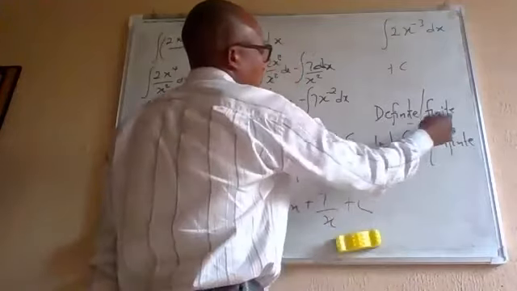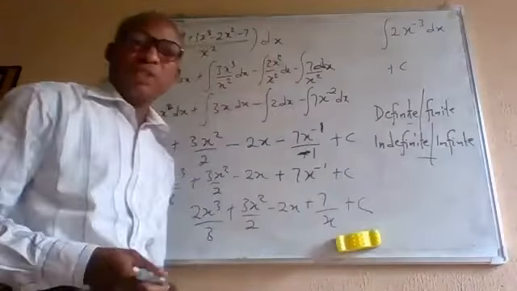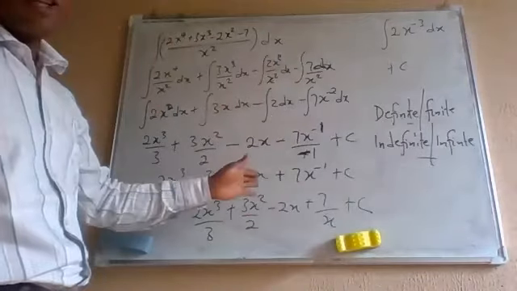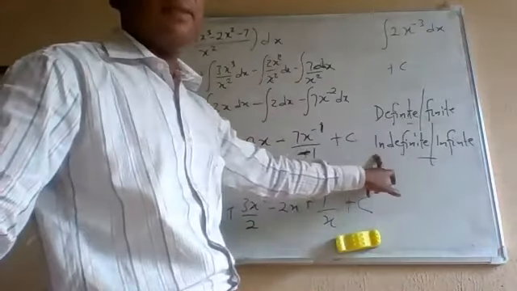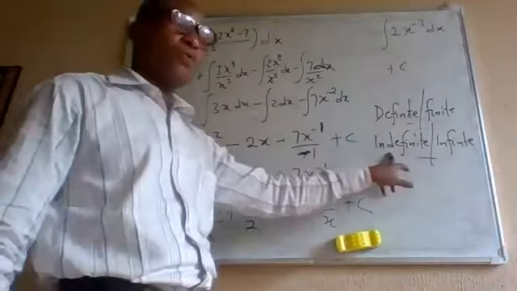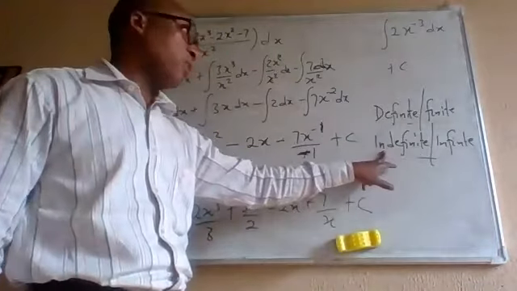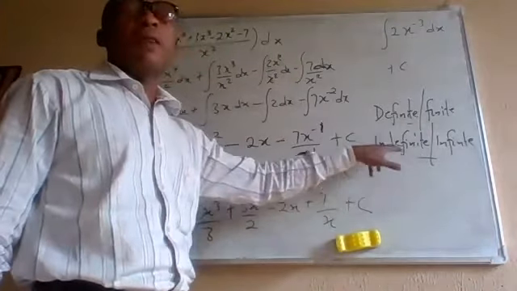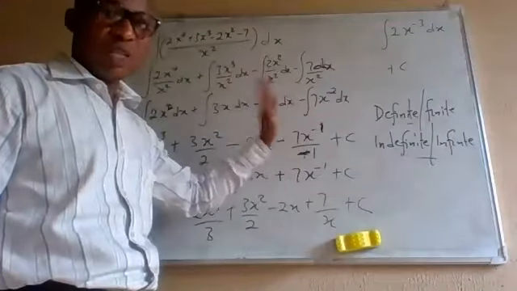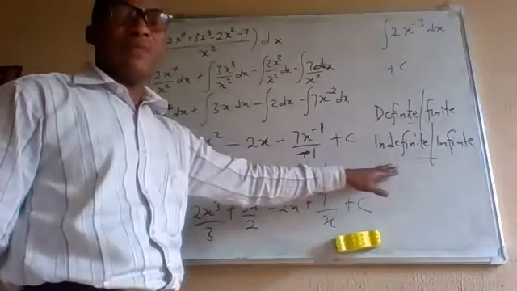So these are the two cases of classification of integration. So far, what I've been working on is called infinite integral or indefinite integral. All the examples I've been solving so far are indefinite integral.